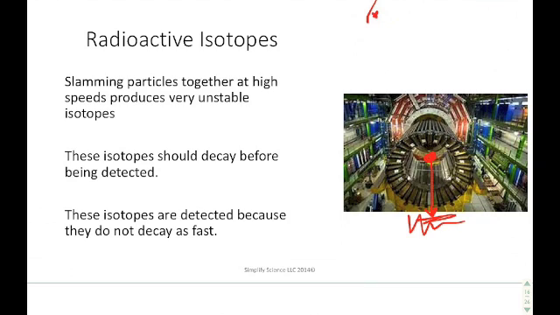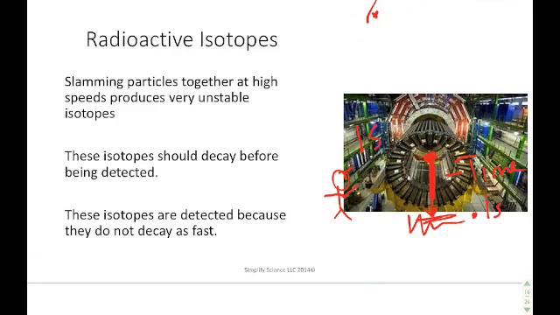But we still detect them. And the reason for that is these particles are moving so fast that time is different for them. Time expands, and the time for us standing right here may be 1 second. But the time for this particle may be 1/10 of a second because it's moving very close to the speed of light.